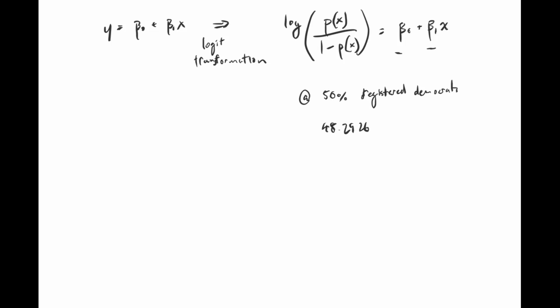This is for beta 1. You could actually calculate how your log odds ratio changes if x increases by 0.01, right, which represents a 1% increase in number of registered Democrats.